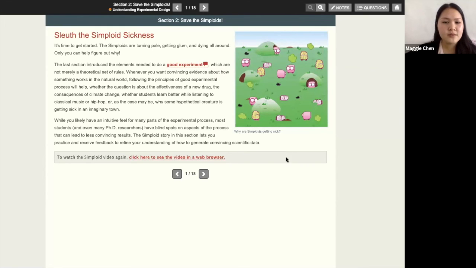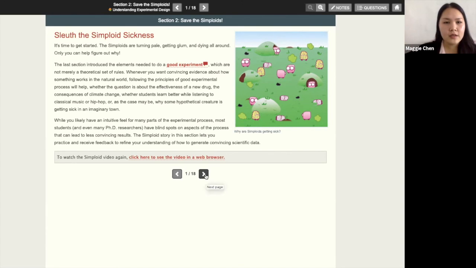in their area? So for section 2, you're going to be setting your hypothesis, setting your variables, and then testing through replication and making your separate plots of land to test your hypothesis and see why the symploids are getting sick.